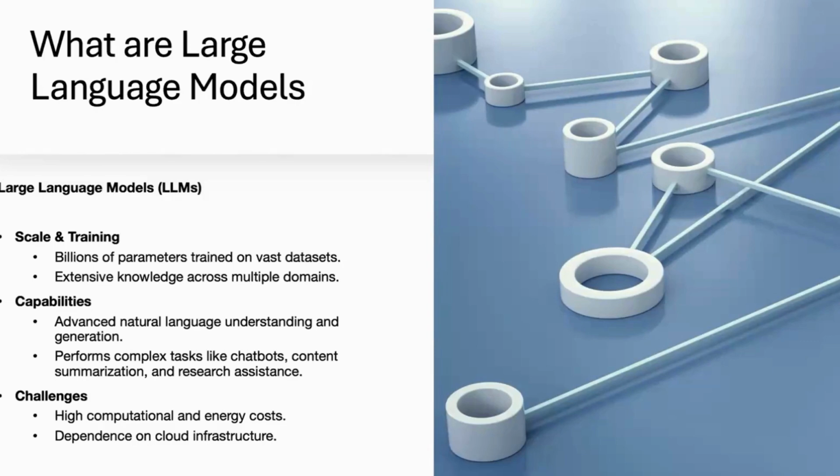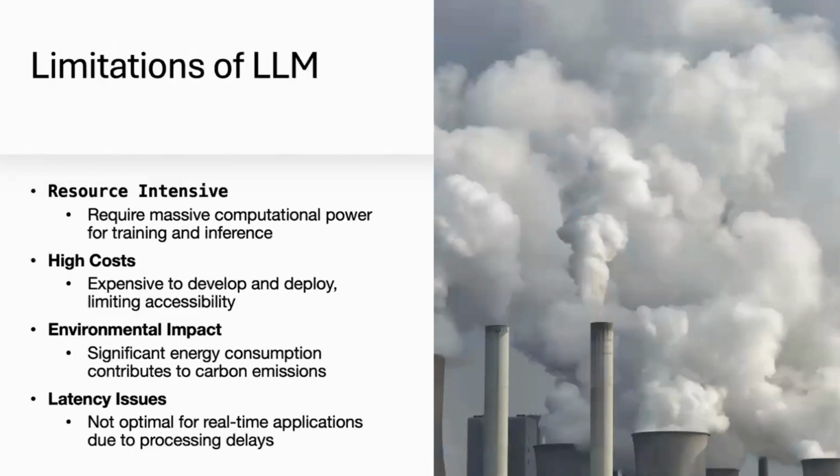But the biggest challenge with large language models is their high computation, and there's a lot of cloud infrastructure that you might need. You see a lot of big players investing in data centers now, and the biggest constraint for these data centers is energy. And what are the limitations? As I said, resource intensive, high cost, environmental impact.